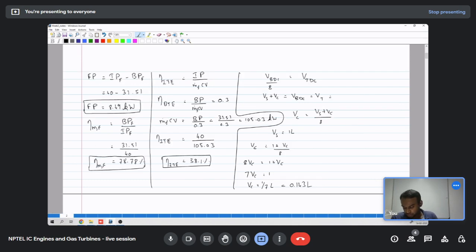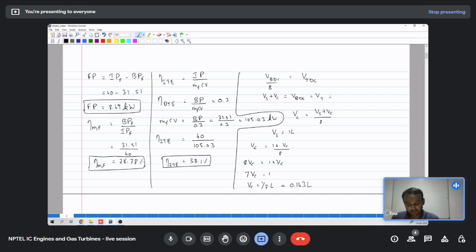Then using brake power at full load, and since indicated power at full load is already given, we have calculated friction power as 8.49 kilowatt. We can calculate the mechanical efficiency using brake power and indicated power, which turns out to be 78.78% at full load.